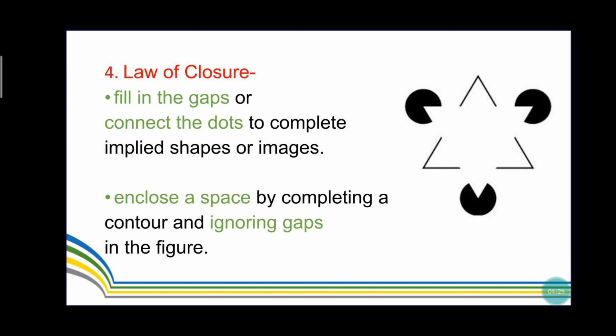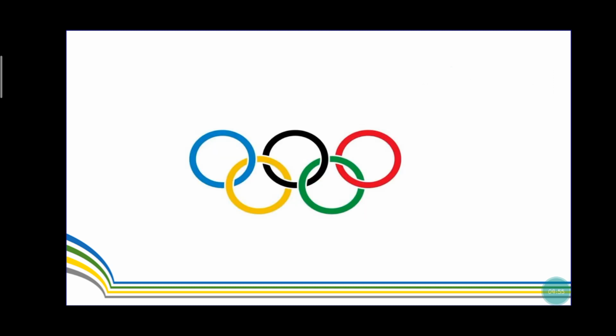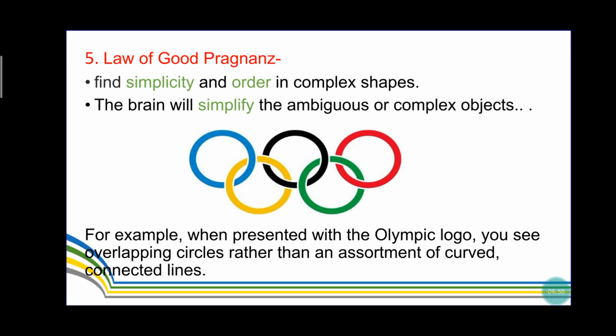Just like in the example, we have a broken triangle, but our mind tends to fill in the gaps between the lines. So instead we see a triangle, and also the broken singles in 3 different places. That's the law of closure.